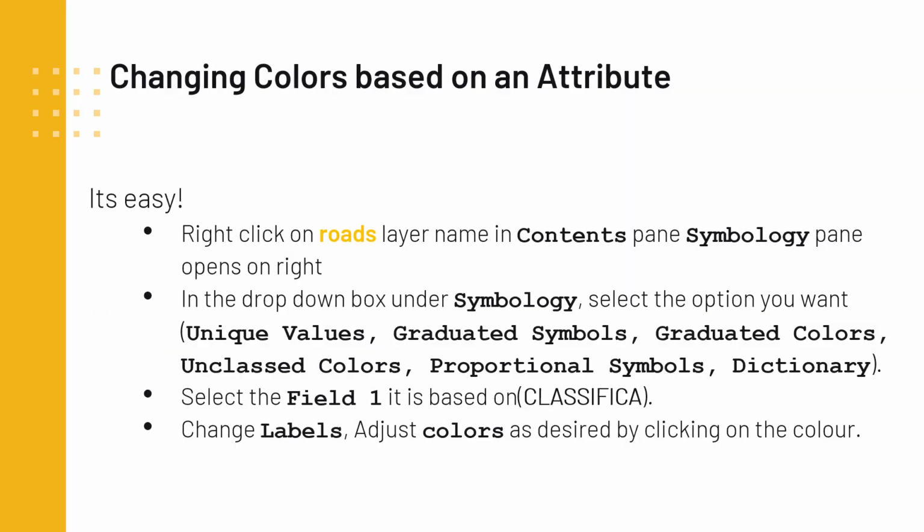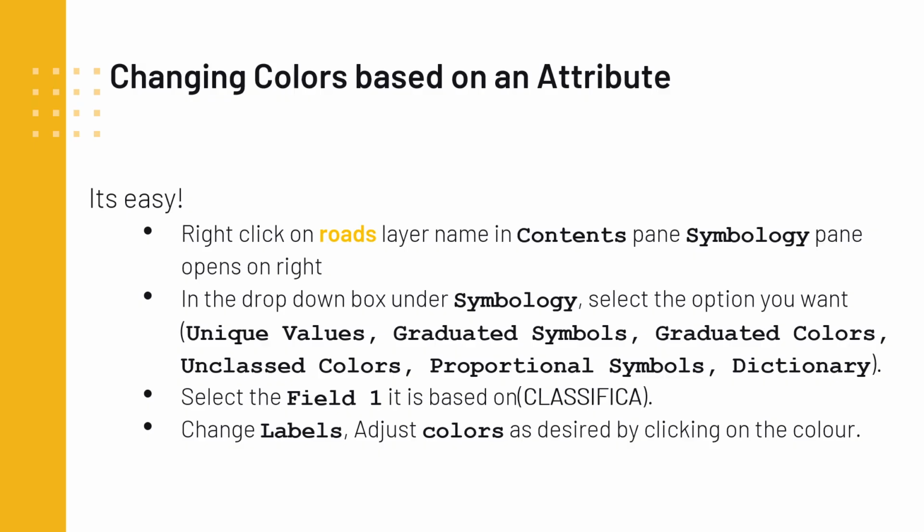So how do you change colors based on attributes? Turns out it's pretty easy. We're going to do this with roads. We're going to right-click on the road layer in the contents pane. This is going to bring up the pop-up, choose Symbology, and the Symbology panel is going to open up on the right. The drop-down under Symbology, select the option you want.